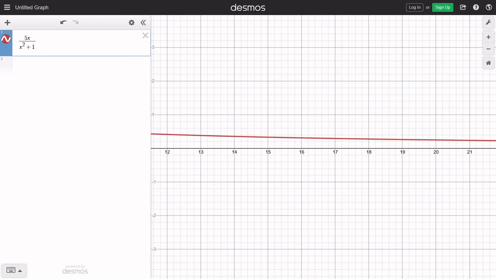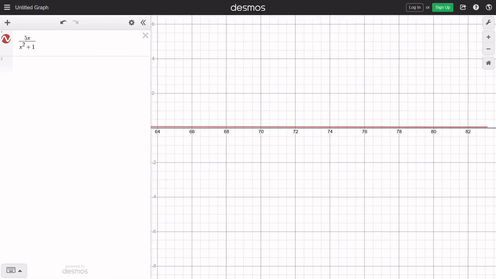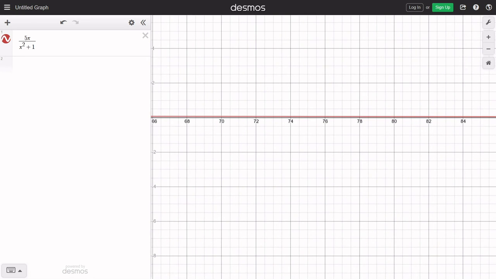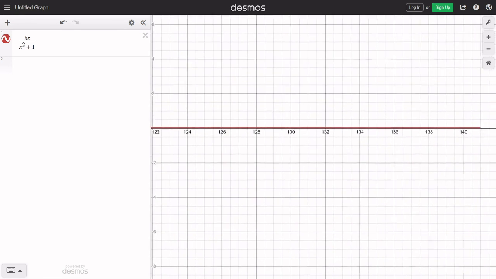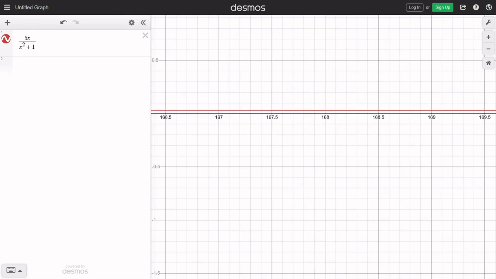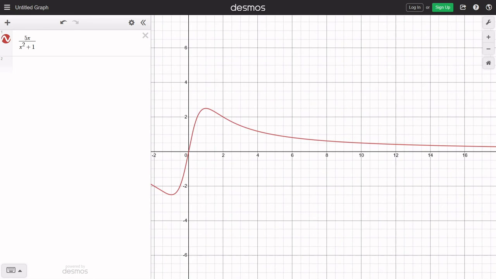And as it goes out to infinity, t is in hours, so at 72 hours, which is 3 days, it's at 0.069. Then if we look at 168 hours, that is a week, you can see it's a very, very low concentration. It's 0.029 milligrams per liter. So it's extremely small compared to the first initial bump there.